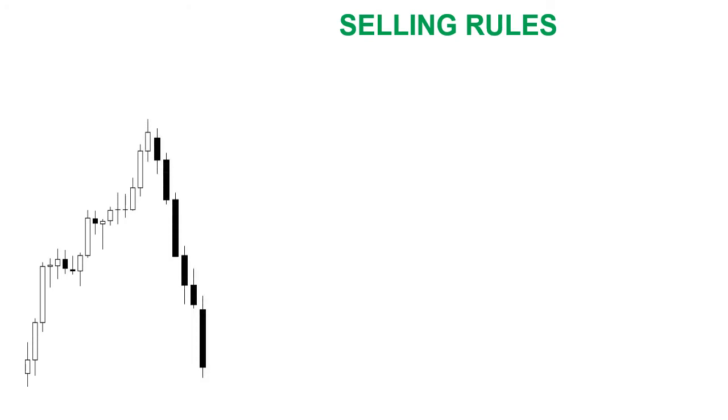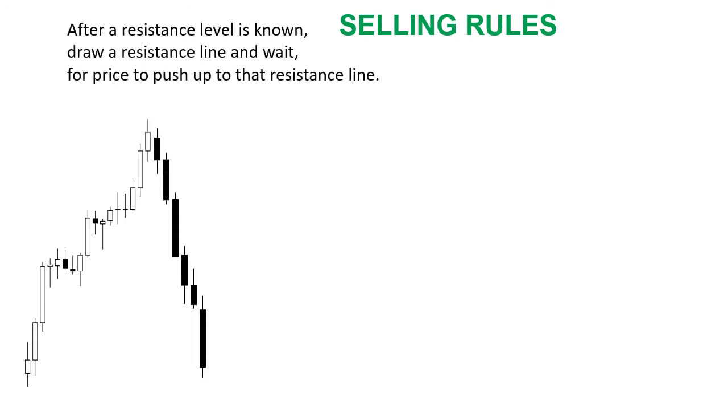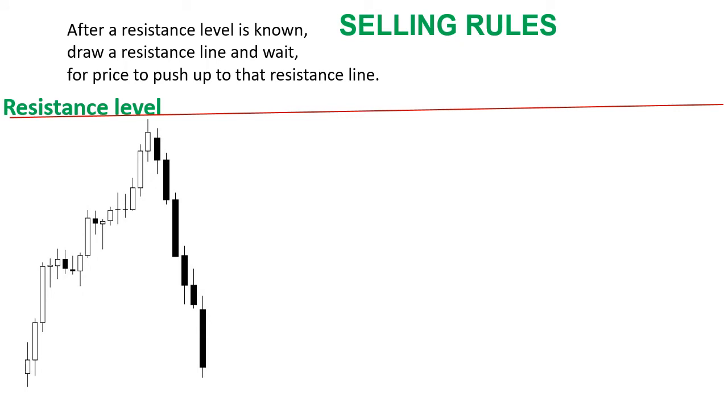Selling rules. After a resistance level is known, draw a resistance line and wait for price to push up to that resistance line.